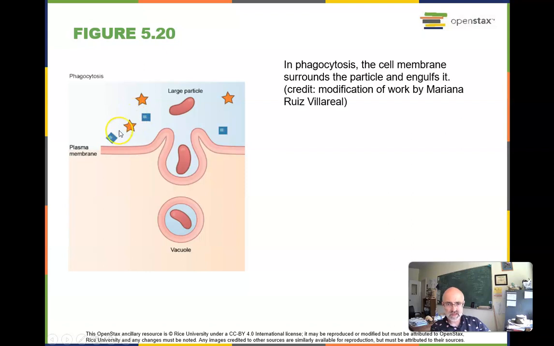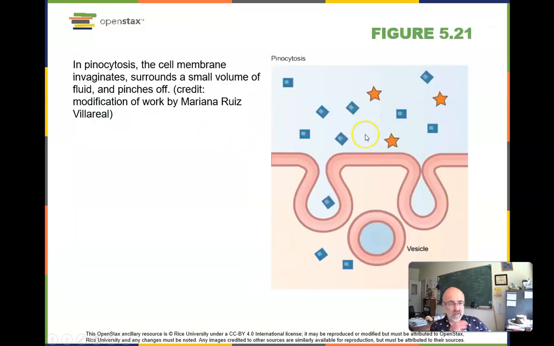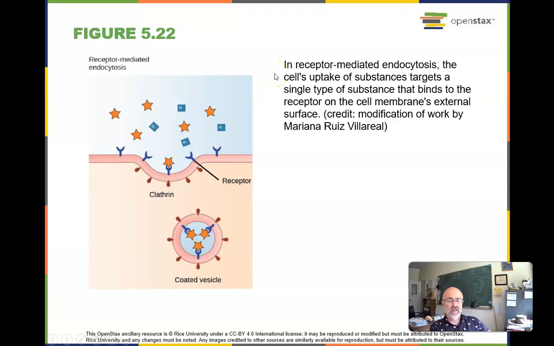If we're talking about the liquid and the small particles, same process, a little invagination of the membrane, the small particles go in there, the vesicle is formed, and this has been transported inside the cell. If it is small particles and liquids, it's called pinocytosis. Okay. And then lastly, here is a different form.